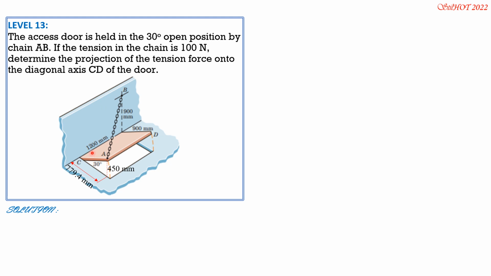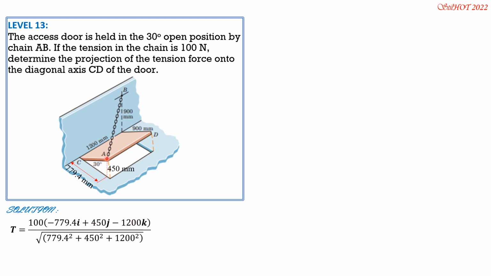Then divided by the distance, you just square. So the tension is 100 times the quantity -779.4i + 450j - 1200k, over the square root of the squares of these components.